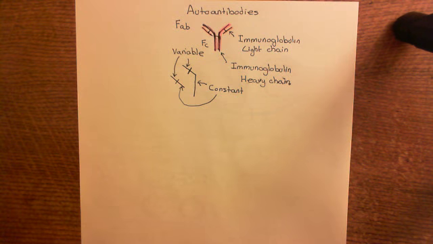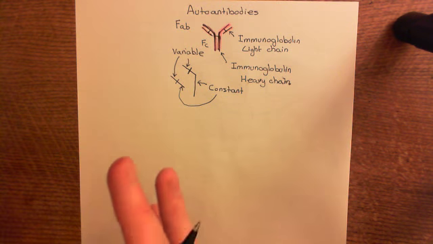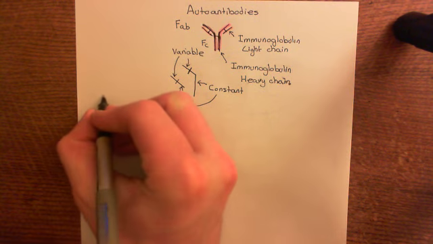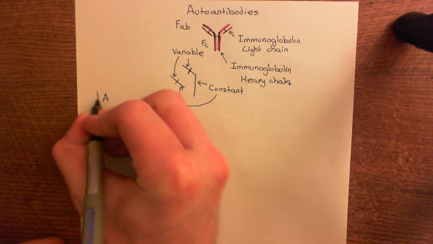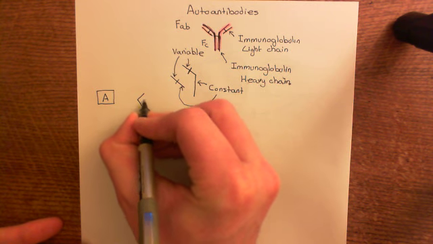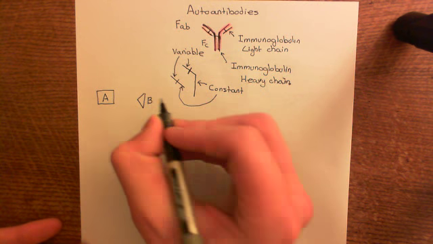Basically, your immune system is capable of producing antibodies which target a huge number of different proteins. So you can produce antibodies that target protein A, which has a totally different structure from protein B. Let's say we've got protein A here, which is a square protein, and then protein B over here, which is a triangle protein.